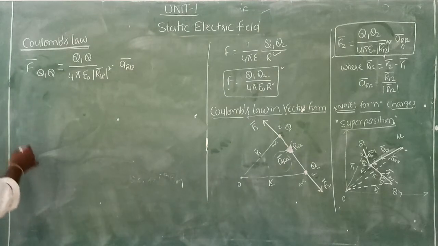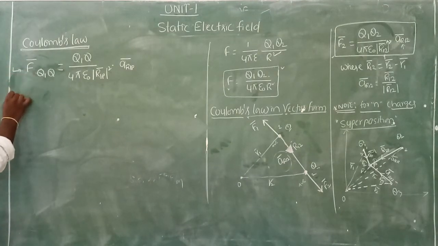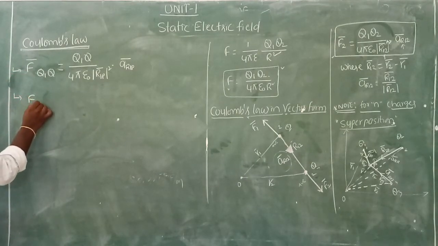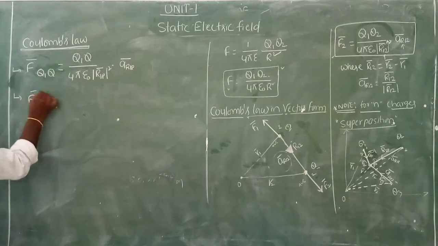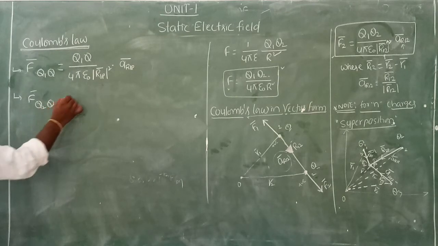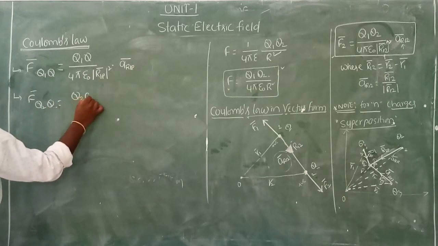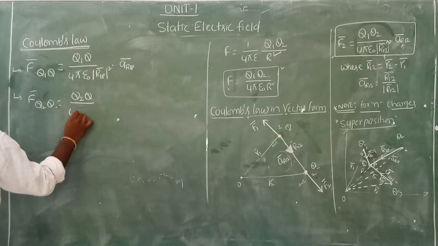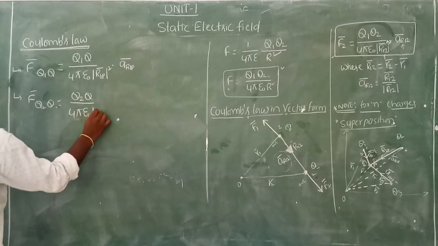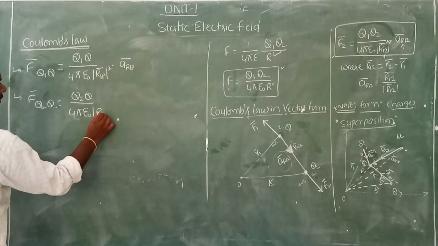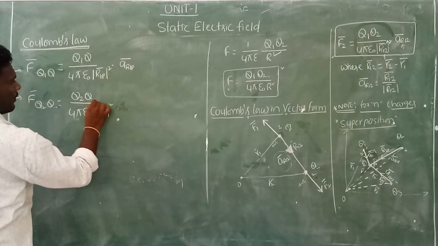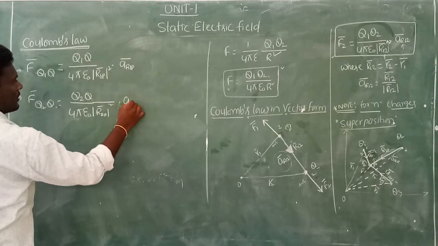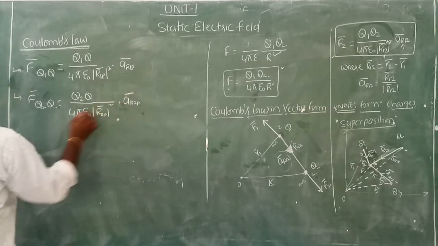Now similarly, what is the force exerted on Q due to Q2? Whenever you consider these two charges, it is directly proportional to Q2 Q by 4 pi epsilon naught magnitude of distance R2P whole square, into direction a R2P bar.